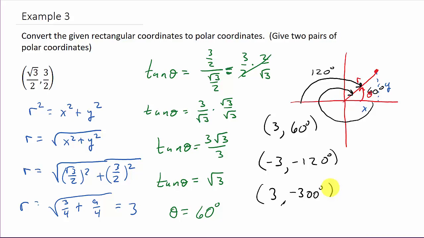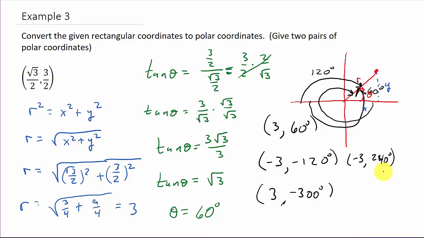Okay? And then you could come out here to negative 3 again and rotate back this way. So that'd be 180 plus 60. But it would be negative 3. And then you would have the 180 and you would rotate another 60. So that would actually be positive 240.